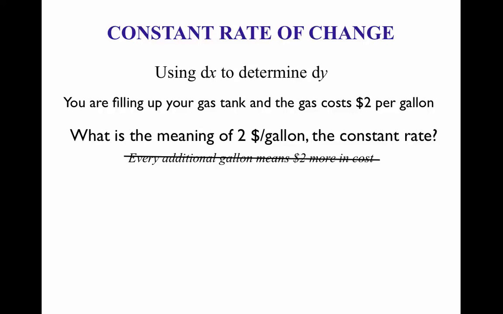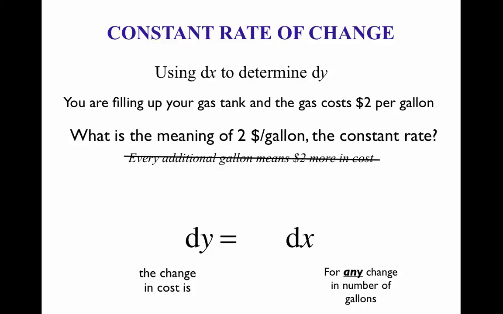Dx means change in gallons, for any change in number of gallons. And what is dy? The change in cost. And we know that now if it's $2 per gallon, for any change in gallons, change in cost is 2 times that change in the number of gallons.